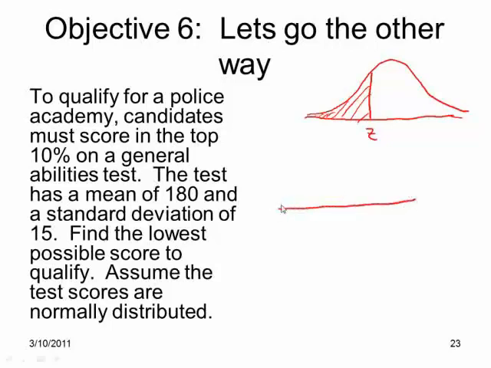So again, sketching our normal curve, we need to first find this z-score where this upper-tailed probability was 0.1.